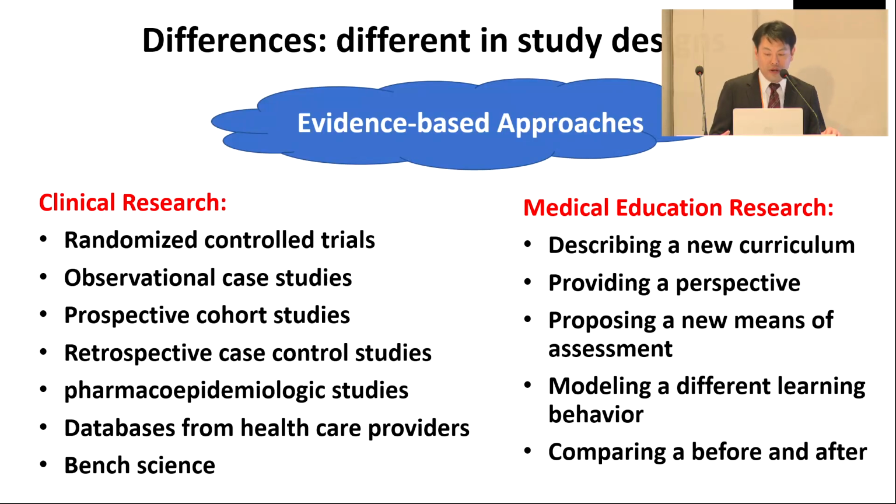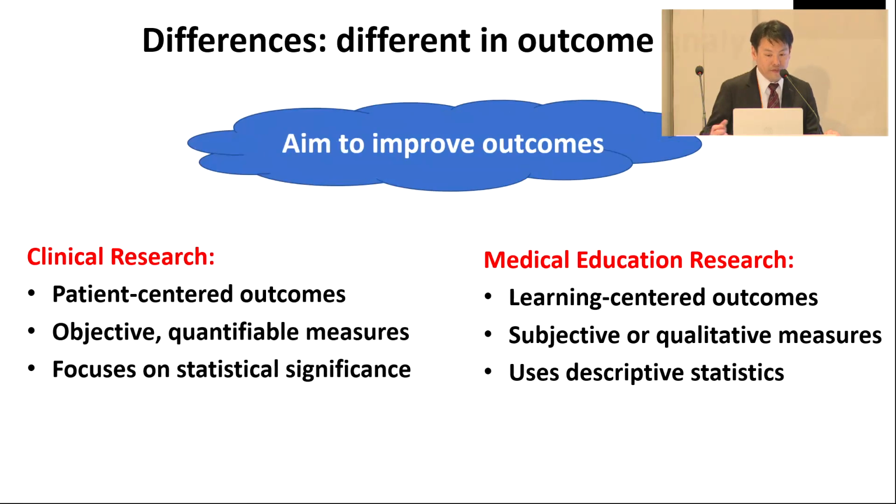But in medical education research, it is more like describing a new curriculum, providing a new method of assessment, or how these medical students are doing, how the residents are doing, or modeling a different learning behavior, or you actually compare before and after a new delivery strategy is given to these students.